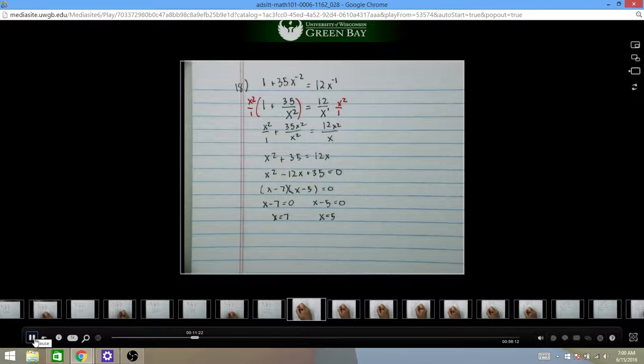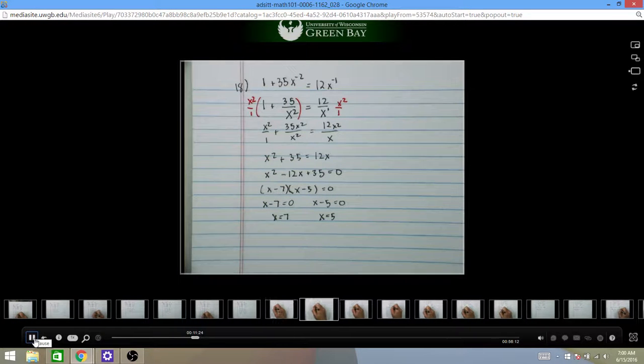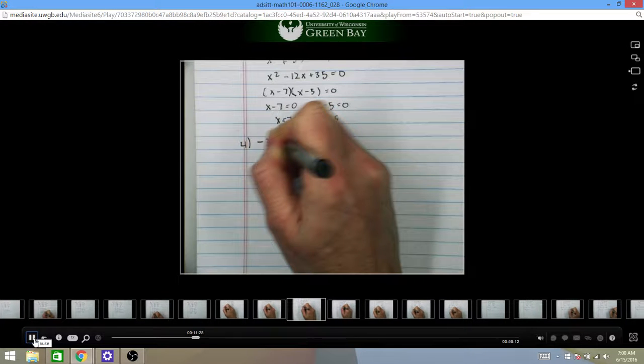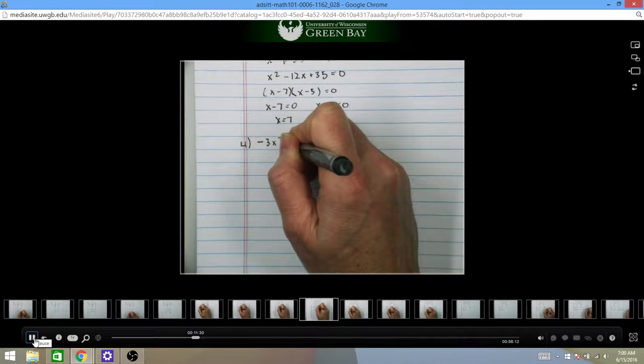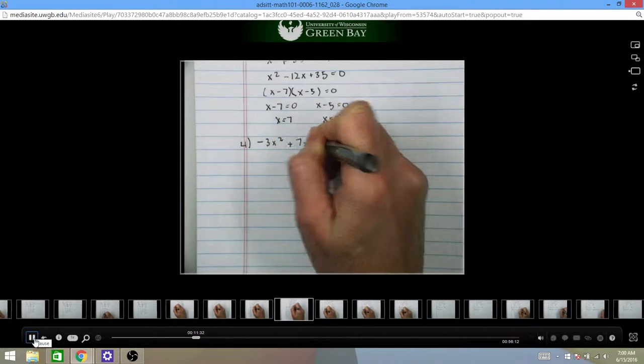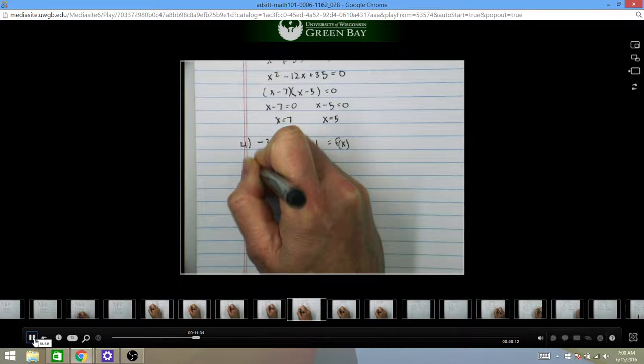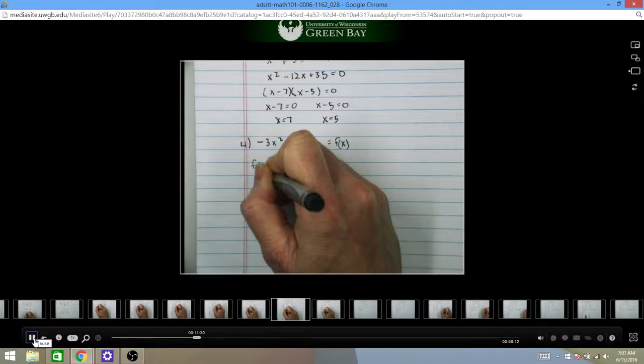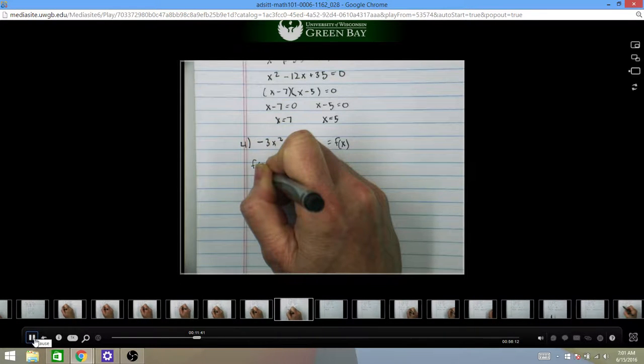Okay, it's f of x equals negative 3x squared plus 7x minus 1. And then it's b, so f of x minus f of a over x minus a. Okay, great.